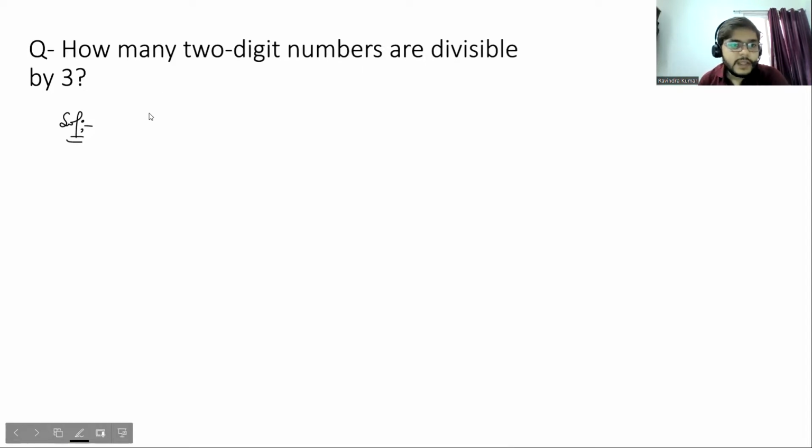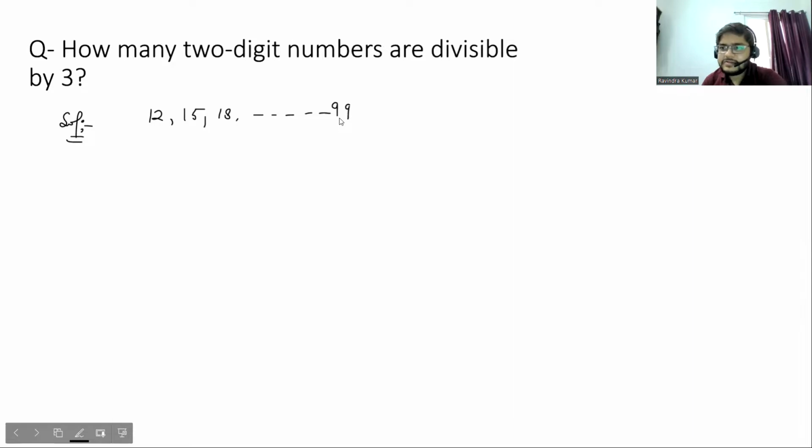So we can say 12 is the first 2-digit number that is divisible by 3, and the next one is 15, the next one is 18, like this. Okay, so the last 2-digit number we have is 99. Yes, is 99 divisible by 3? Yes, so it is the last 2-digit number divisible by 3. So basically we have to find how many numbers there are.